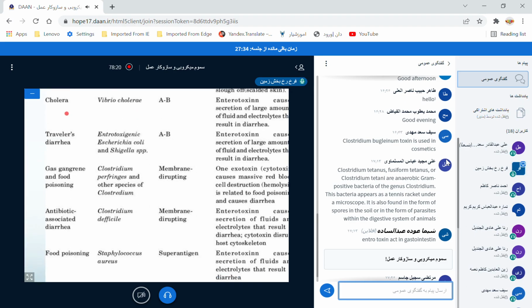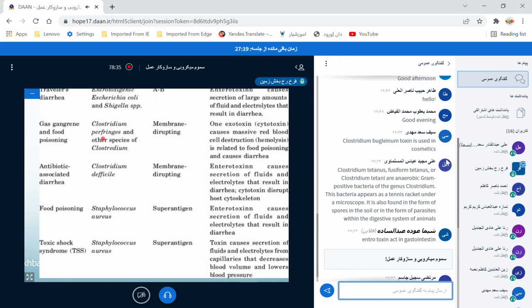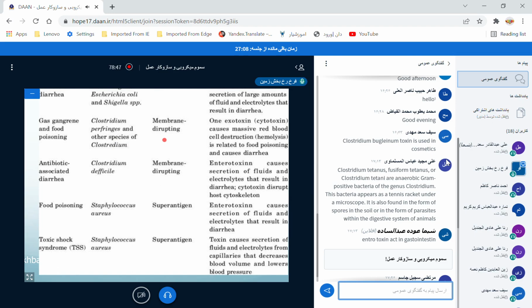Then we go through cholera, with AB subunits; travelers' diarrhea, enterotoxigenic Escherichia coli and Shigella, AB subunits; gas gangrene and food poisoning related to Clostridium perfringens and other Clostridium, membrane disrupting exotoxins; antibiotic-associated diarrhea, Clostridium difficile, membrane disrupting exotoxins; food poisoning by Staphylococcus aureus, superantigens; toxic shock syndrome by Staphylococcus aureus, superantigen.